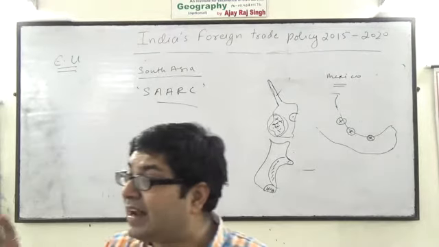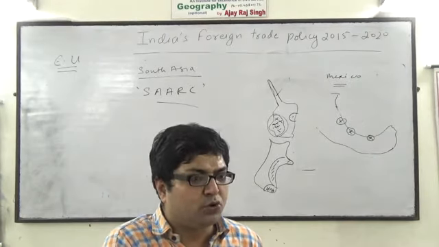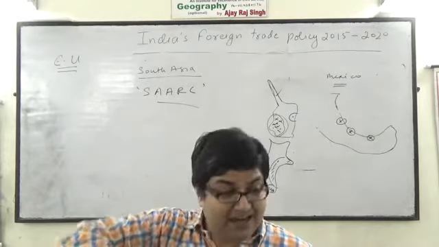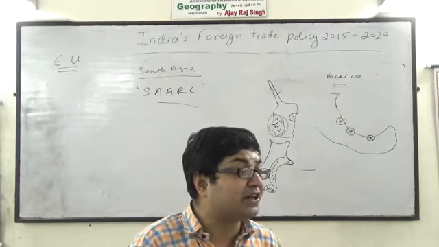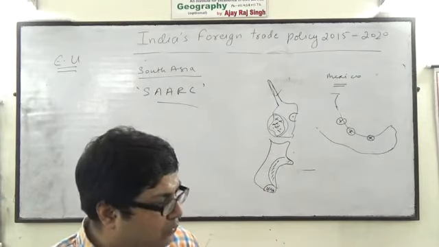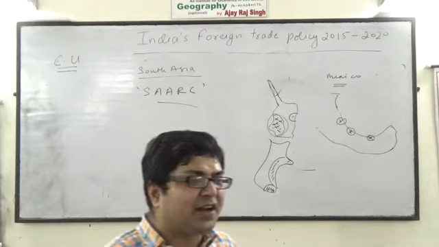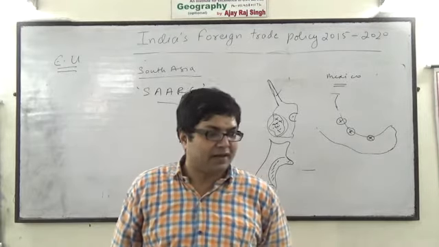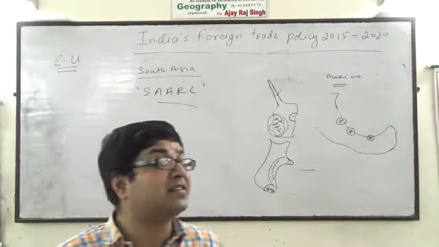In fact, during the last five years, from 2009-10 to 2013-14, exports from India to the South Asian countries have grown at a compound annual growth rate of 20%, while imports from the South Asian countries to India have grown at a rate of 10.5%. Bangladesh is India's largest trading partner in SAARC.